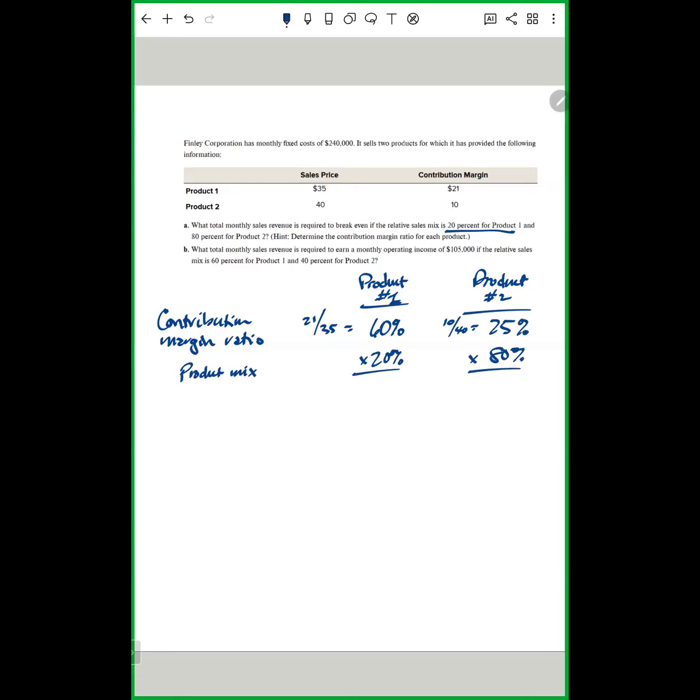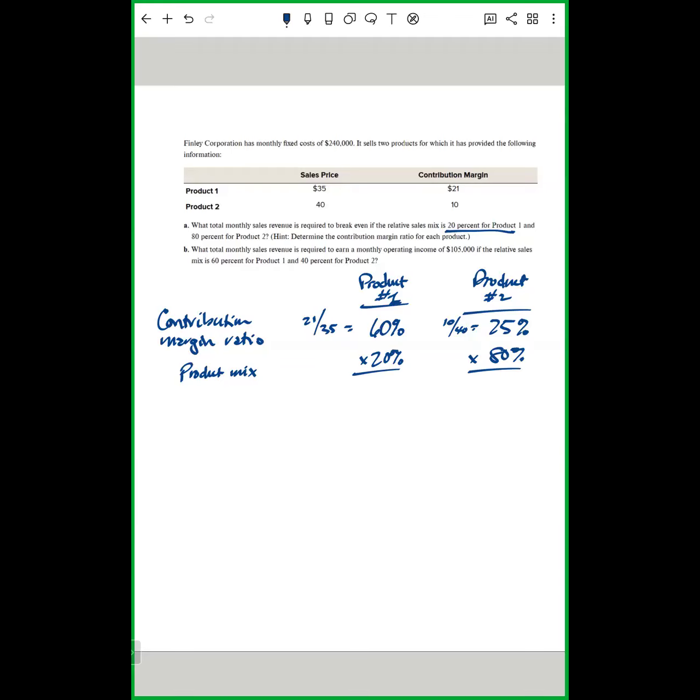All right, if we multiply these percentages by the ratios, this will give us the percentage that we need for our contribution margin. We need like an average contribution margin that's weighted for the mix. And so that's what we're getting to.